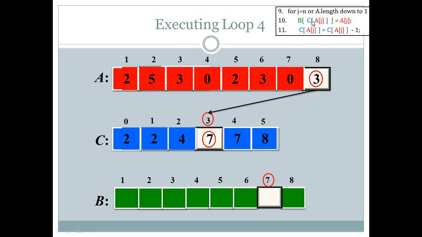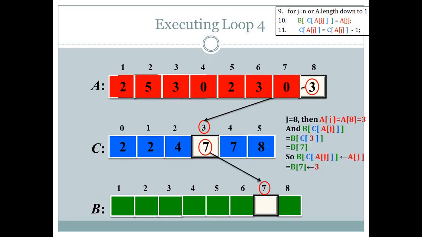So here 7 will become the index of the B array. At the B array's 7th index, what will we have to store? Look onto the right side, A of j. A of j is 3. So we will store this 3 onto this 7 index.